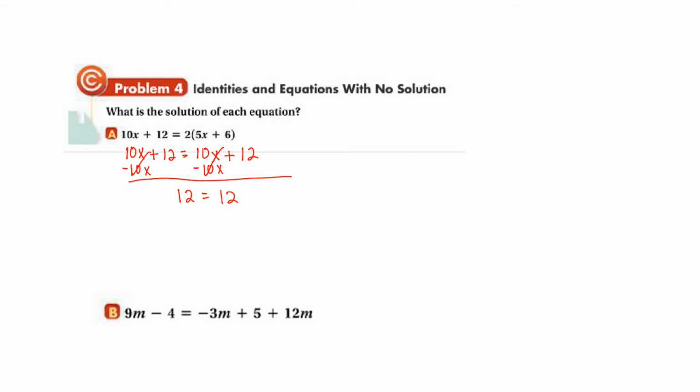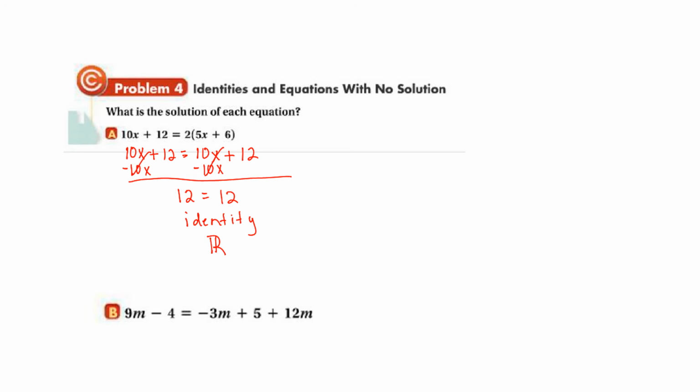If I'm left with a true statement with no variable, this is what we call the identity. And what it means is our solution is all real numbers, which means any value that I picked to put in for x would make this true. And you could check this out by substituting a variety of different numbers in for the x's, and you would see that this would be true.